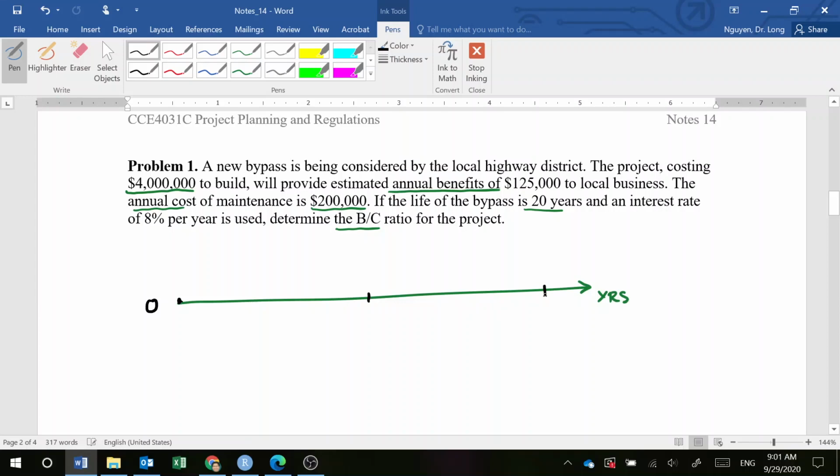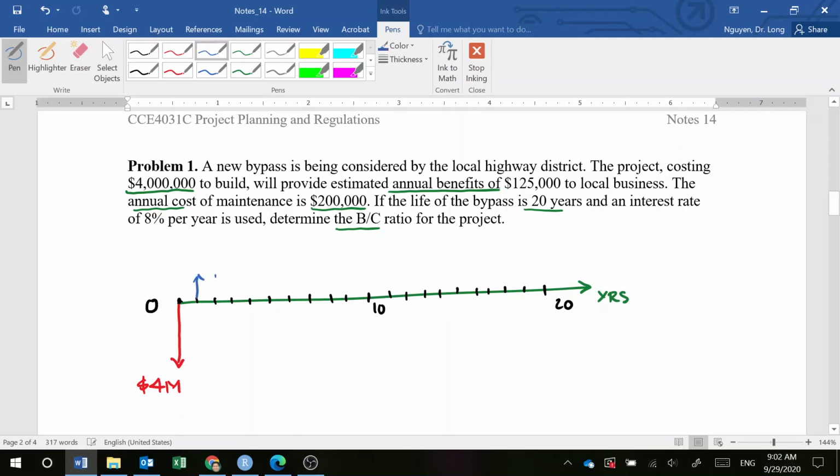The cost is 4 million to build, and costs go down, so we draw 4 million down at time 0. The benefit is 125,000 annual benefits.